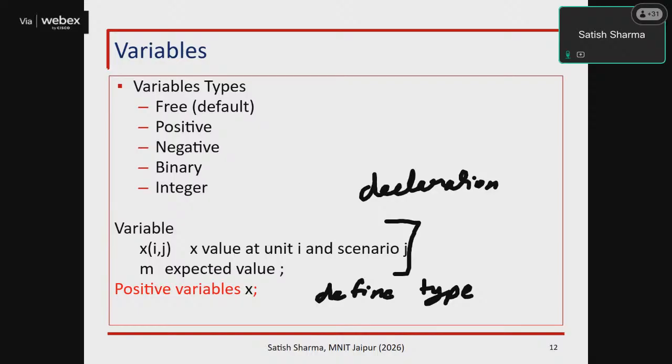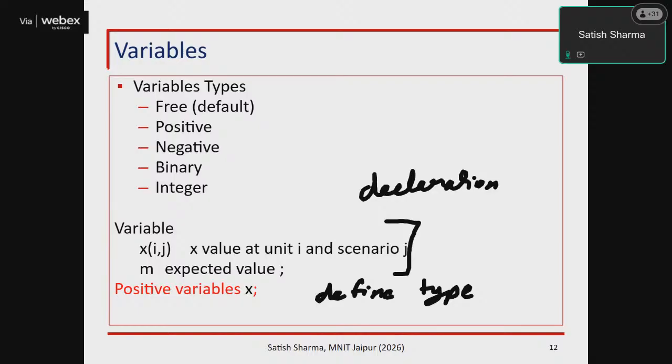So you can define the different variable types, and to define you just have to write down these keywords. Like positive variable, and just put the variable name. So if I ask you, what will be the type of variable m? In this declaration I have declared two variables, x and m. Can somebody tell me what will be the type of variable m? x is defined as a positive variable.